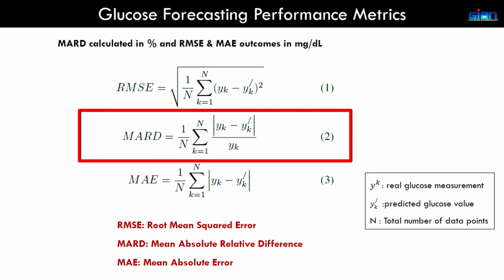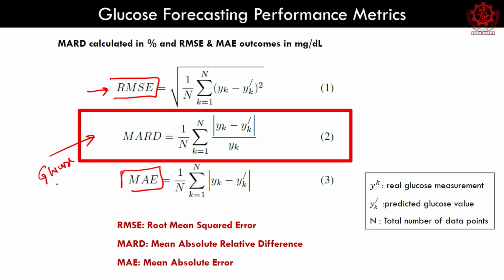So this work is published. What are the metrics by which we judge whether the forecast is good or not? These are typical AI metrics, root mean squared error and mean absolute error, but there is one specific to glucose sensors called mean absolute relative difference, or MARD. Anyone working in glucose sensing or any type of sensor uses this MARD; it is the industry metric. Using MARD, they construct something called the Clark grid error, which I will show you.